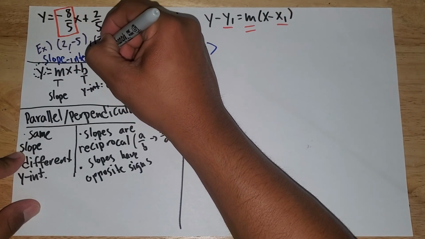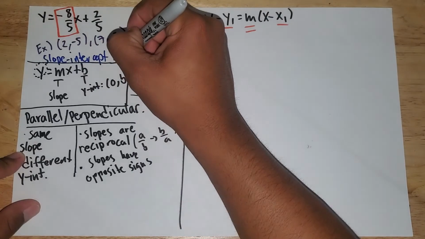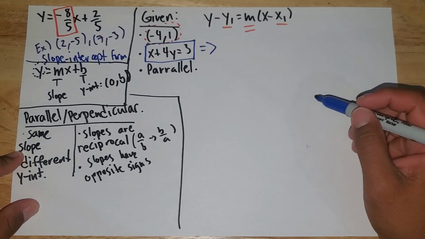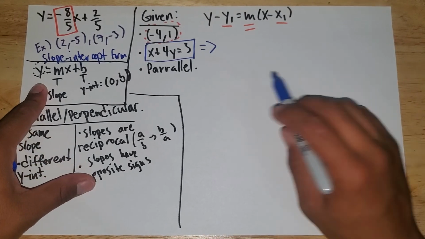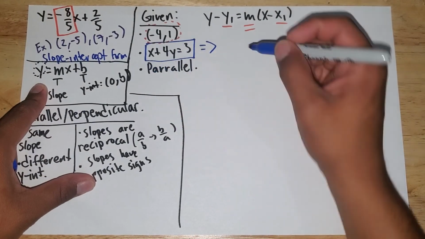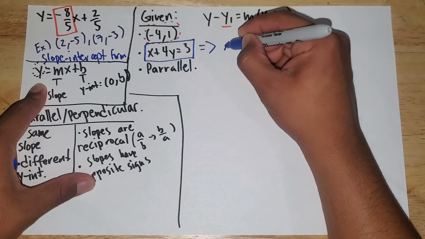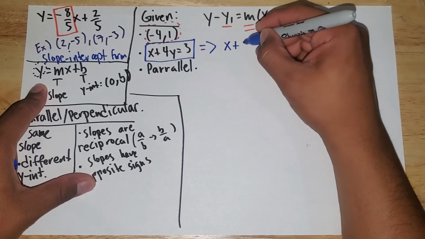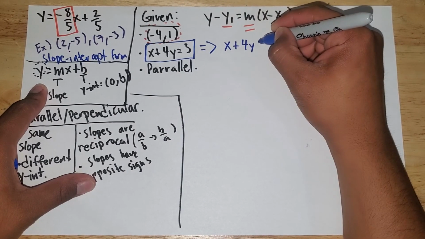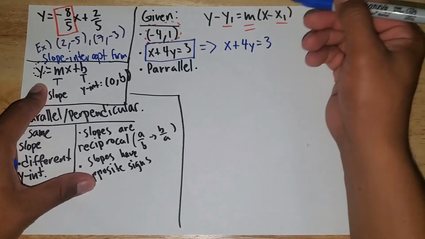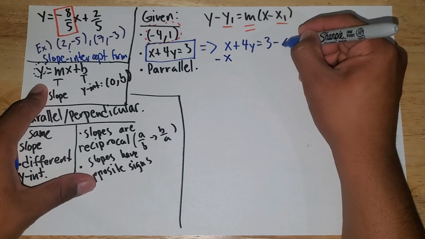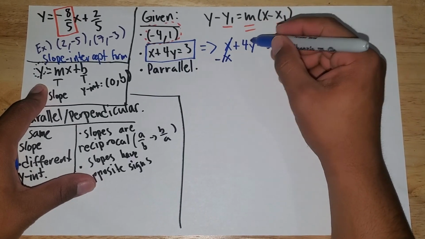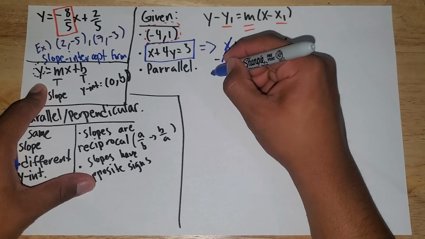Slope-intercept form, which means I have to isolate my y. So let me rewrite it: x plus 4y equal to 3. I'm going to subtract x from both sides because I want to isolate my y.